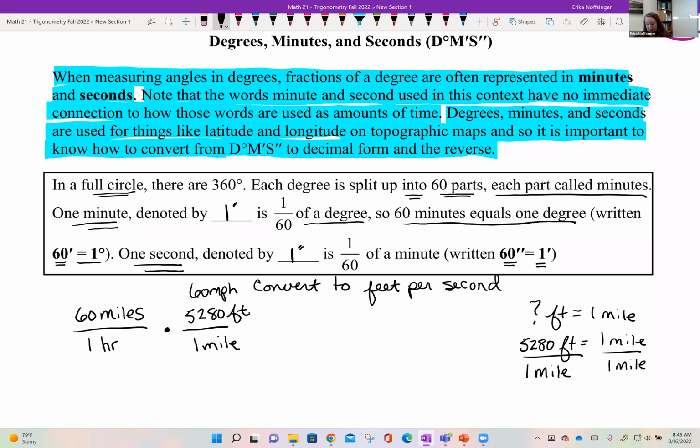Now I need to convert my hours to seconds. So I need to figure out how many seconds are in an hour. So 1 hour is equal to, well, I know that it's equal to 60 minutes, and I know that there's 60 seconds in a minute. So that's going to be 60 times 60, or 6 times 6 is 36, and then we have 2 zeros. So 3,600 seconds.